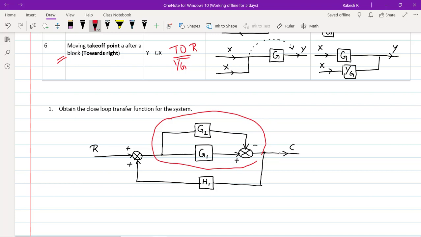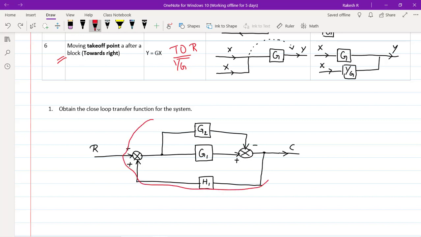Because we have one summing point and one takeoff point, both there in between the blocks, only then can we say these two blocks are in parallel here. When I take another case, a complete block diagram, you can see there are two summing points and two takeoff points, right?